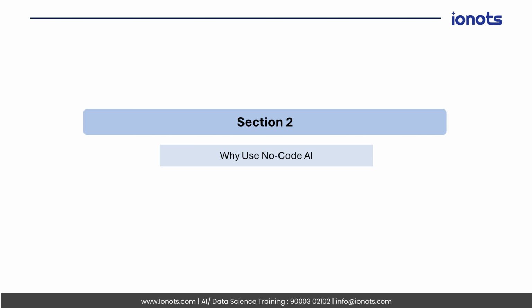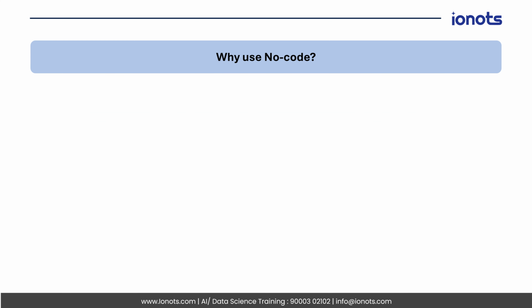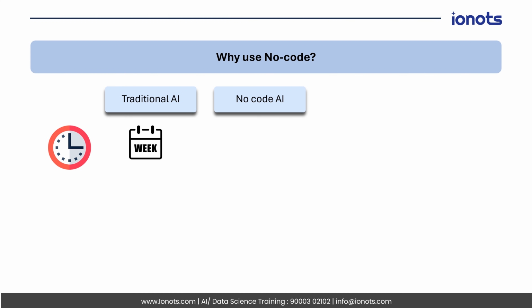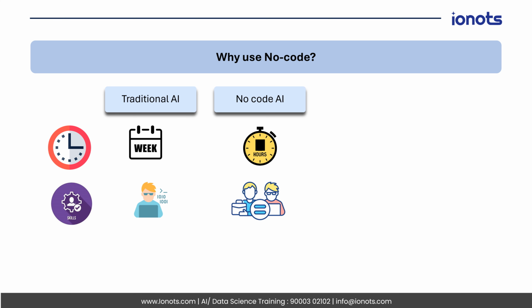Now, let's move to our second section to understand why no-code AI is becoming so popular. No-code AI has become such a game changer. What traditional AI models can take weeks to develop, no-code AI tools can do in hours. In terms of skills, no programming is required.